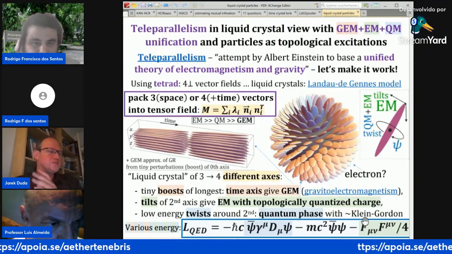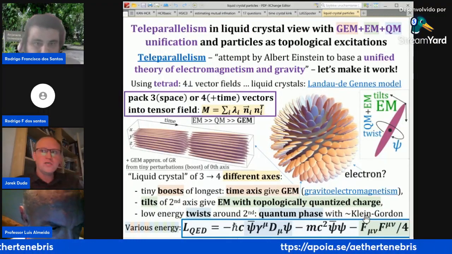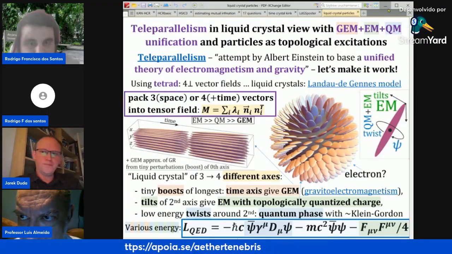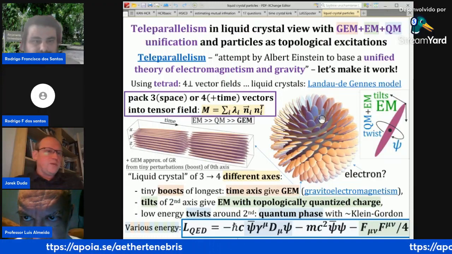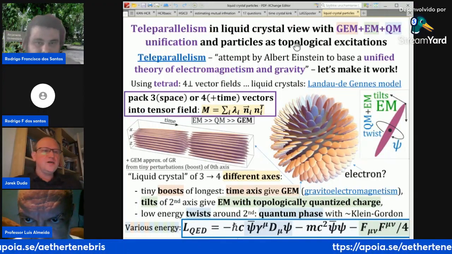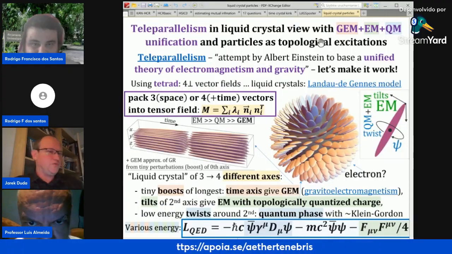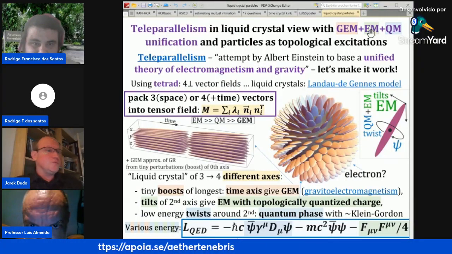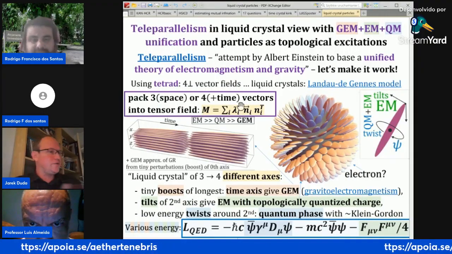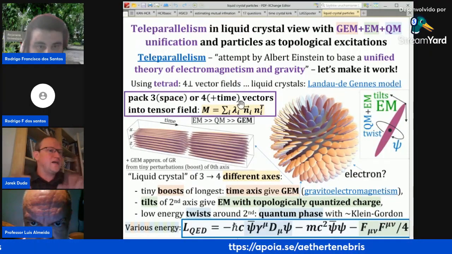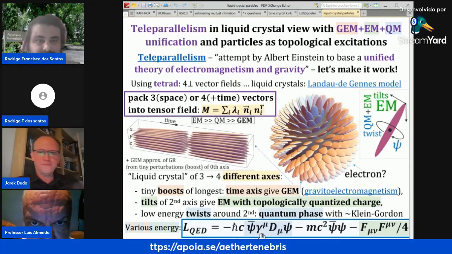So from the dynamics of this tetrad, 4 vectors, you get unification of gravity plus electromagnetism plus quantum phase evolution. I believe this way we can finally make happen Einstein's dream of unification of gravity with electromagnetism, with the main difference that we recognize the four vectors. They are not the same. They correspond to different lengths as energy contributions in the Lagrangian.